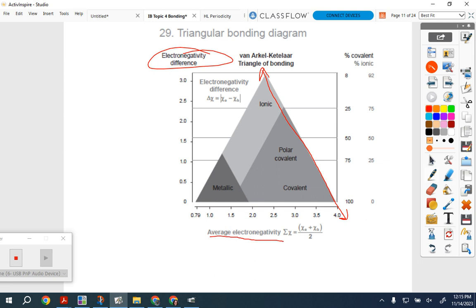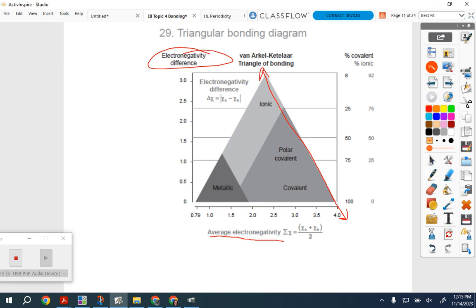Because if we have no difference in electronegativity, or very little difference, there are actually 2 ways this could go. We could end up with a non-polar covalent bond if we have 2 very electronegative atoms, both having a strong force of attraction for those bonding electrons. Or we could end up with metallic bonds.